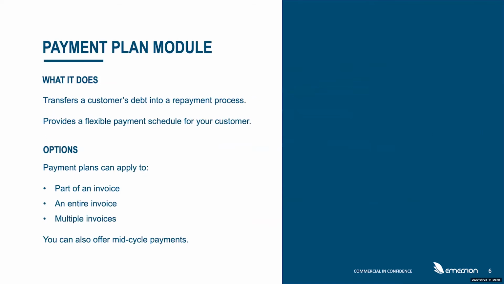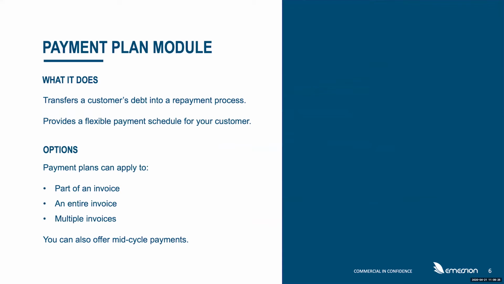Then we have our payment plan module, which some of you will know as payment plan V2. This allows us to transfer debt on a customer to a repayment process and isolate it from the main collections processes of the customer. It provides a flexible payment schedule for your customers.